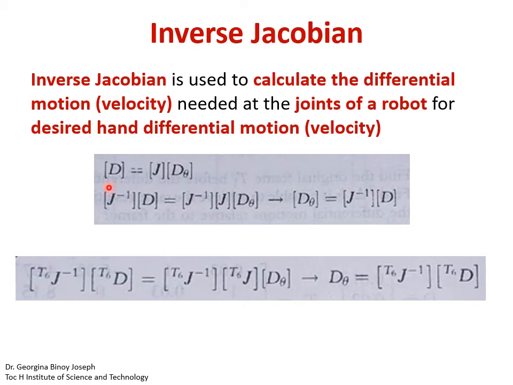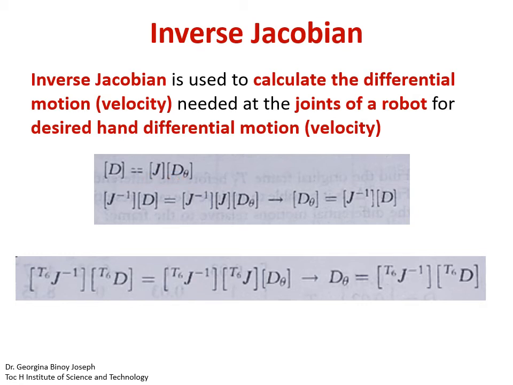You can see earlier in the previous slides we had written dx is equal to J into dq, right? We are writing it in a different way. The D matrix, this is your dx matrix only, is equal to your Jacobian matrix into your dq matrix, that we have written as d theta here. That's the same thing.